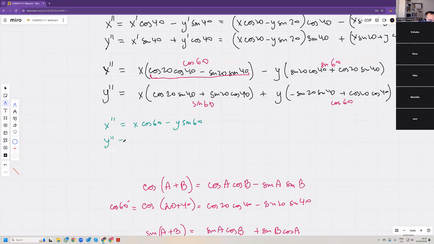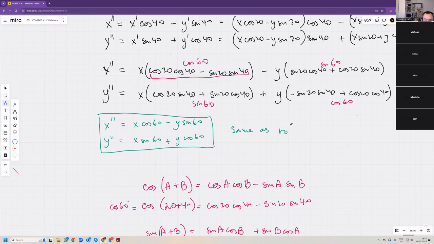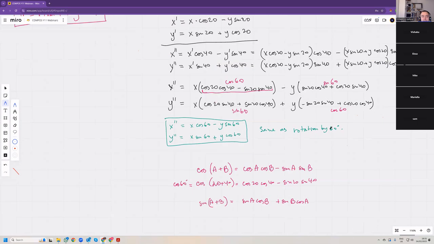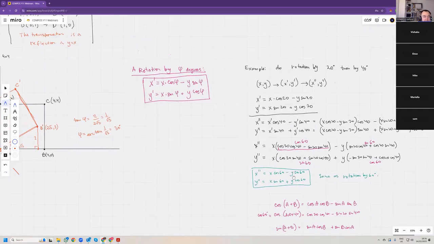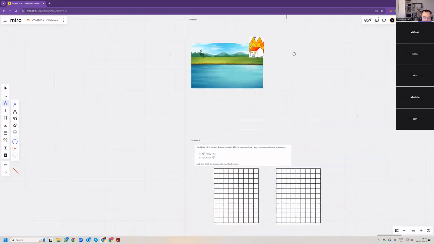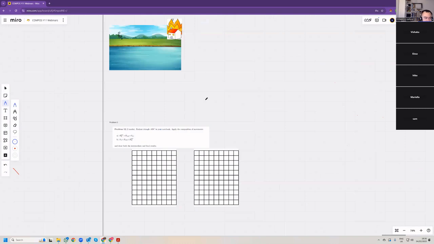Y double dash is x sine 60 plus y cos 60. It's the same as a rotation by 60 degrees. Cool. So that's a sequence of transformations.